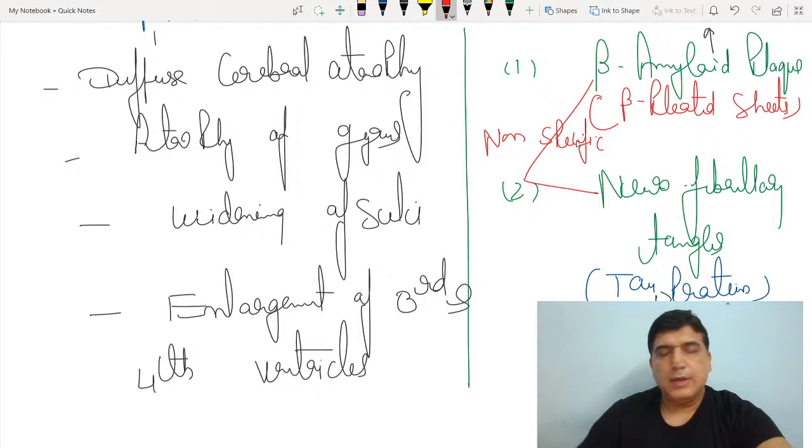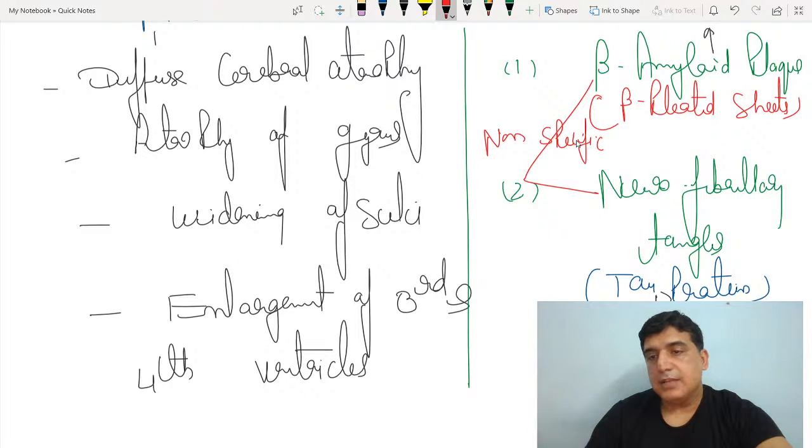So beta amyloid plaque, beta pleated sheets, neurofibrillary tangles, tau protein, neurofibrillary tangles intracellular, beta amyloid plaque extracellular, both are non-specific. It means if they are there, it doesn't mean patient only suffers from dementia. They can be a part of other disease as well.